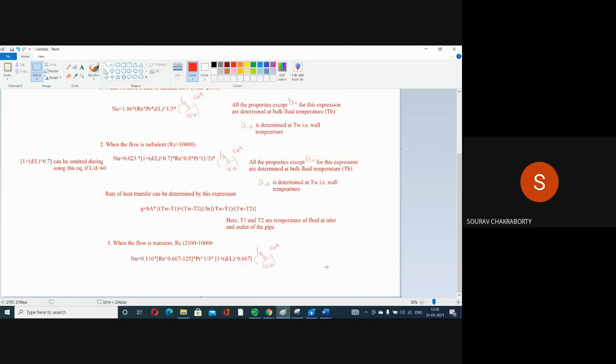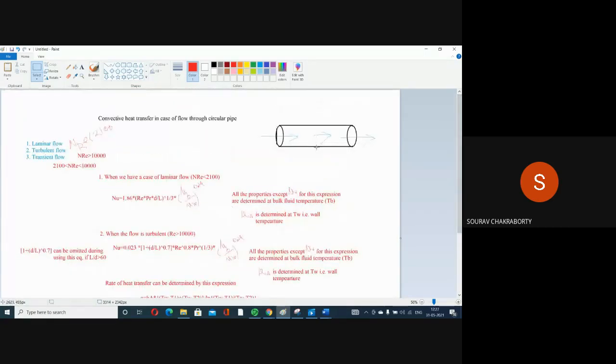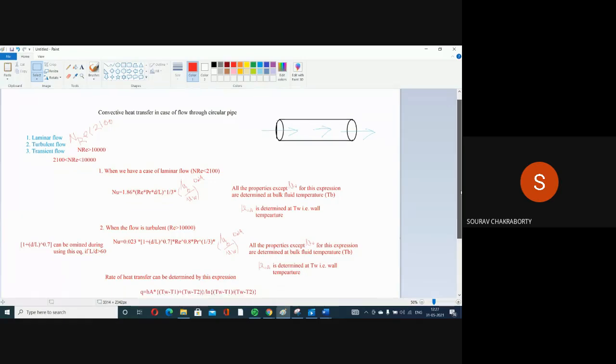So if you have a transient flow, that means your Reynolds number is in between 2100 and 10,000. In that case, the empirical equation for Nusselt number will be this one. Whenever a hot fluid is flowing in a circular pipe and we need to determine the convective heat transfer coefficient, first we check which condition applies. We determine the Reynolds number.